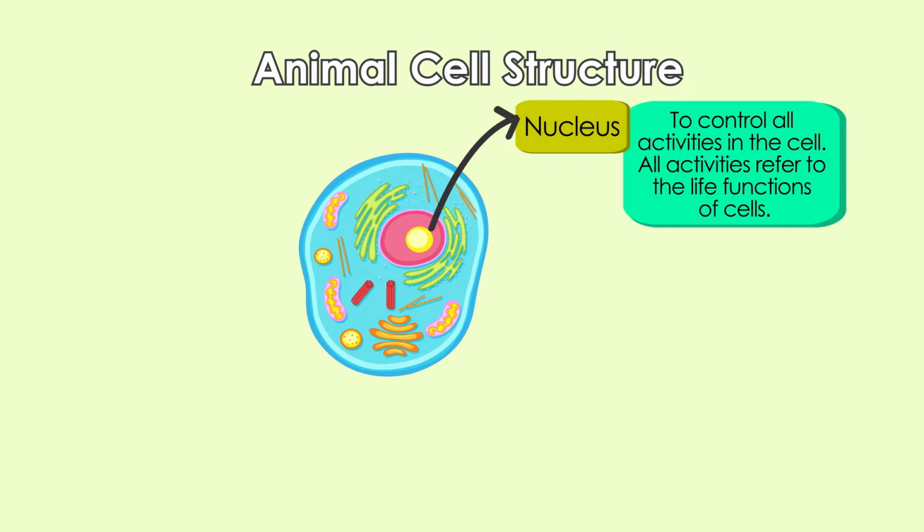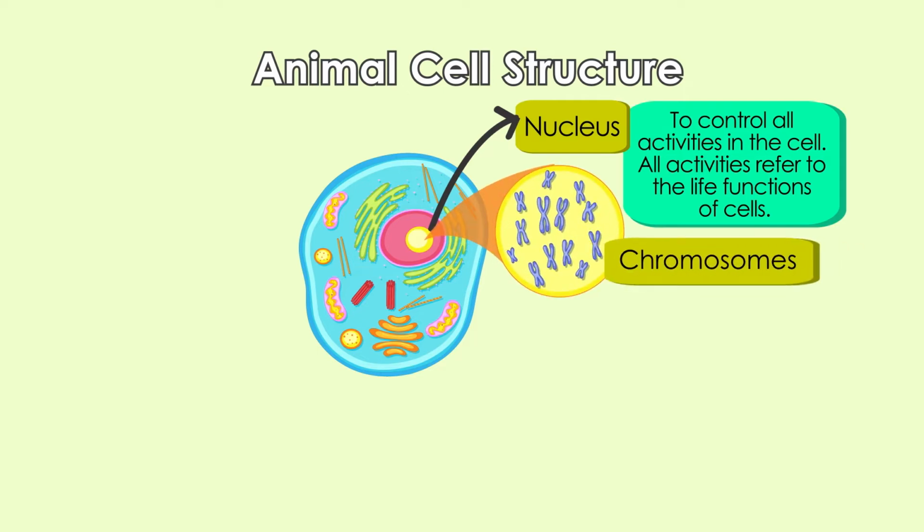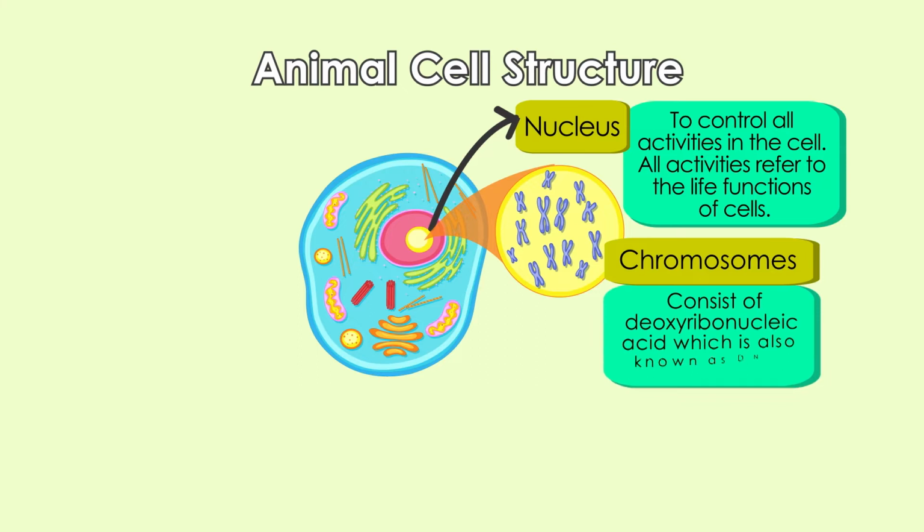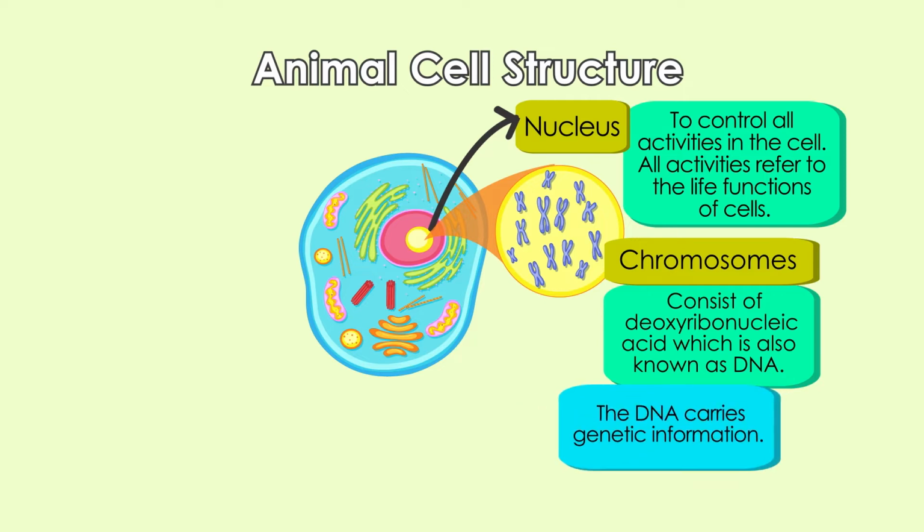All activities refer to the life functions of cells. Inside the nucleus, there are chromosomes. Chromosomes consist of deoxyribonucleic acid, which is also known as DNA. The DNA carries genetic information.